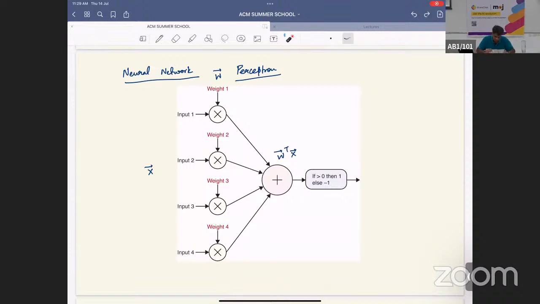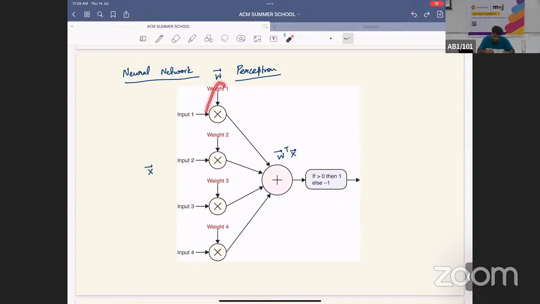So what is a perceptron? Suppose an image is million-pixel data. To analyze that on paper would be difficult. So we'll take a simple example where the input is only a 4-dimensional vector. Suppose you want to process this 4-dimensional vector through a perceptron, the idea is to weigh each entry in the input sequence by a different weight: weight 1, weight 2, weight 3, weight 4, and so on.